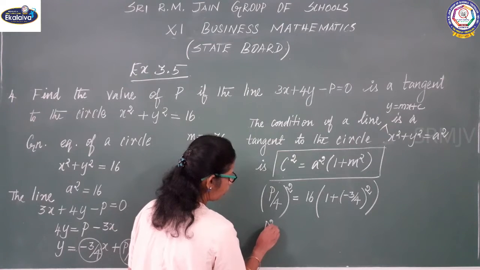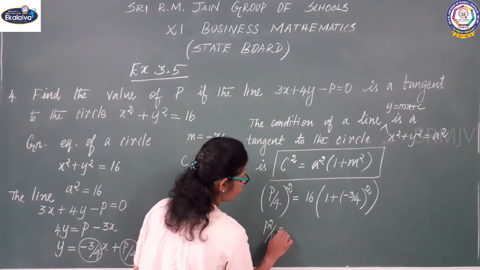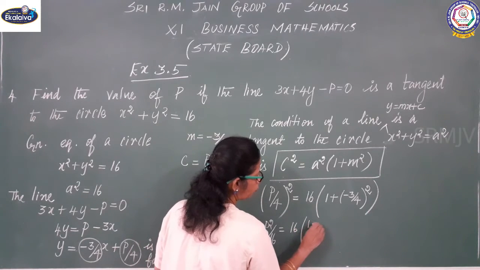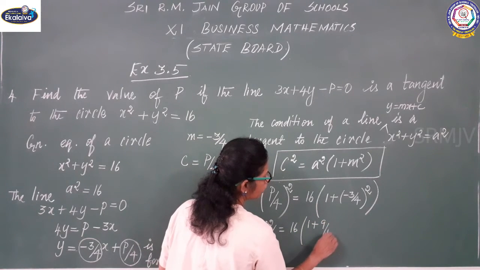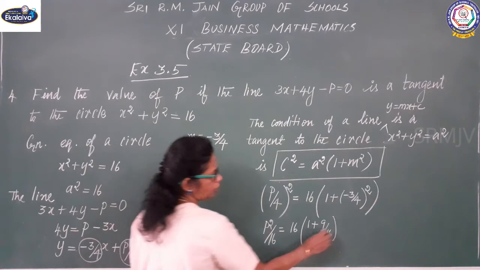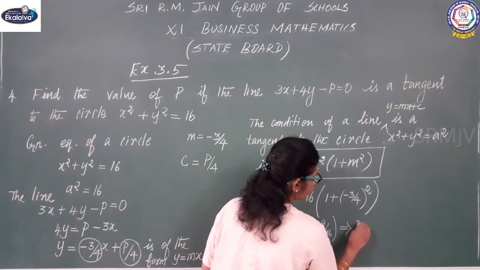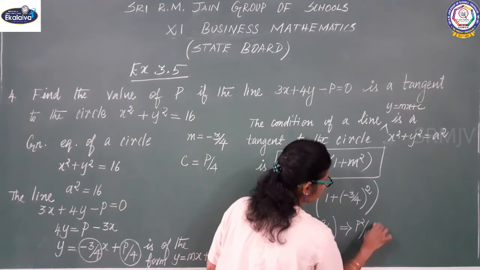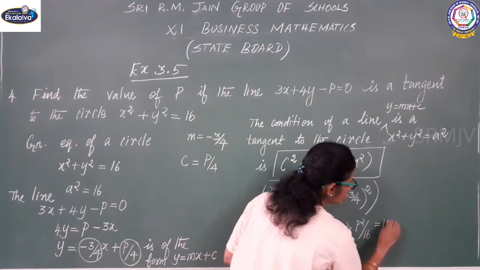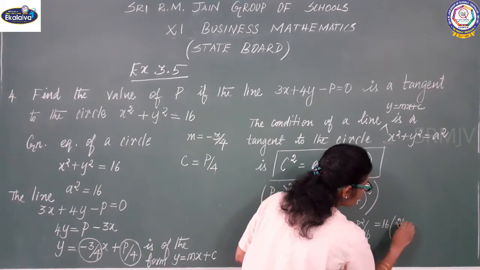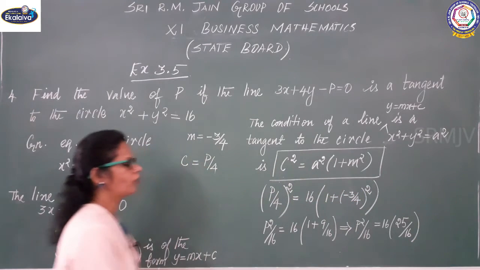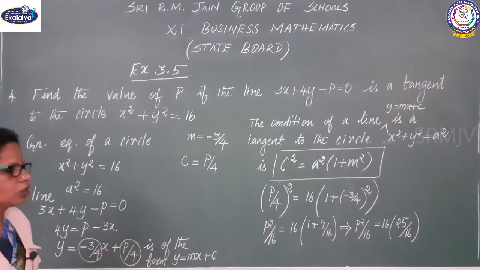Now p square by 16 equal to 16 into 1 plus 9 by 16, which implies p square by 16 equal to, you have to take the LCM inside the bracket, right? 16 into 25 divided by 16. Got it?